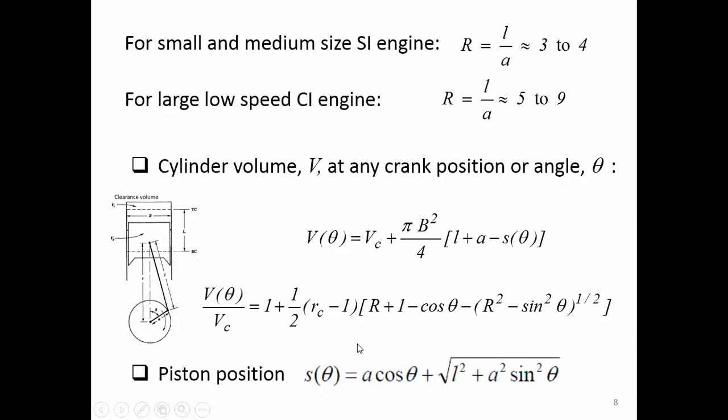And then if you replace this S into these equations, and then you divide this equation by the clearance volume, the expression of this ratio, the volume of the cylinder at any crank position to the clearance volume, will be shown like this. Okay, so like this, according to the crank positions.